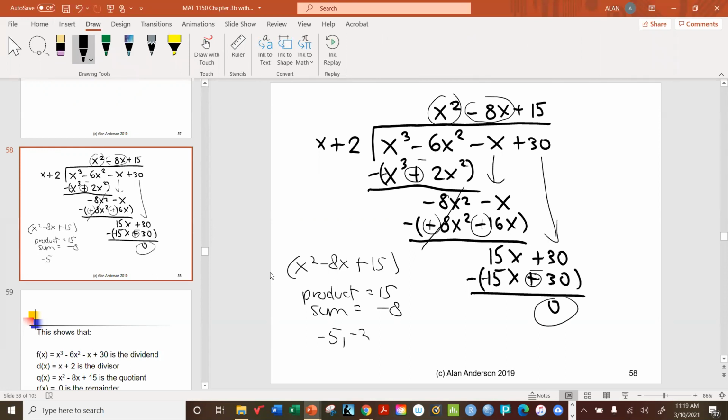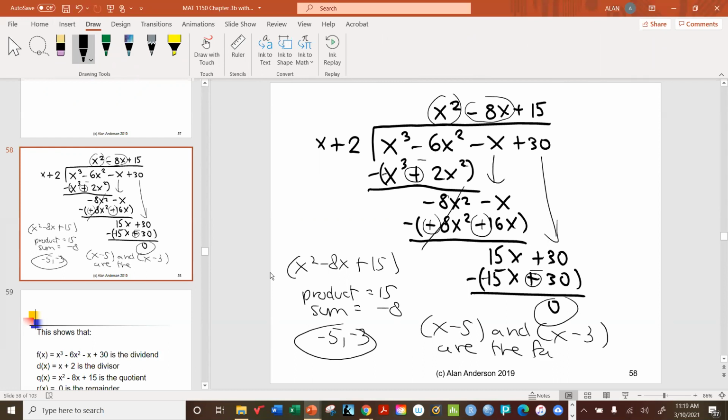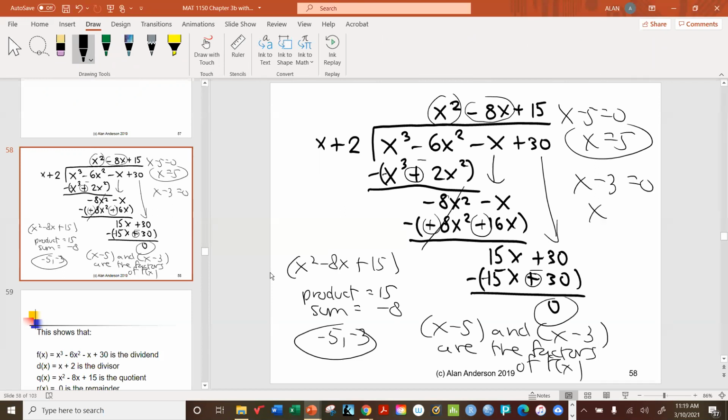Minus 5 and minus 3 will satisfy these requirements. So we can say that x minus 5 and x minus 3 are the factors of this expression, which further implies x minus 5 equals 0, x equals 5 is one of the solutions, and then x minus 3 equals 0, x equals 3. These are the solutions.